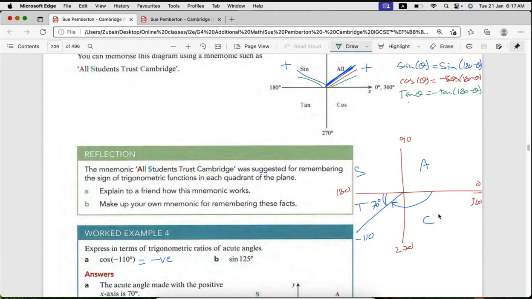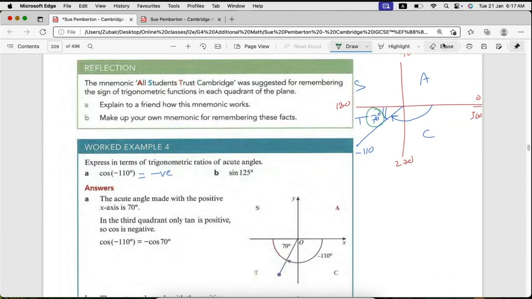If the basic angle is the same, the value is the same; we just need to understand whether it would be positive or negative. So cos 110, I'm writing it as cos 70 because the acute angle is 70. But I know cos 70 would be positive and this in fact was negative. So I'll write minus cos 70. Now this is being expressed as an acute angle and this sign is also correct.